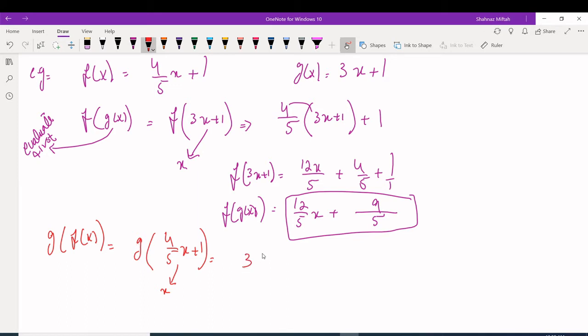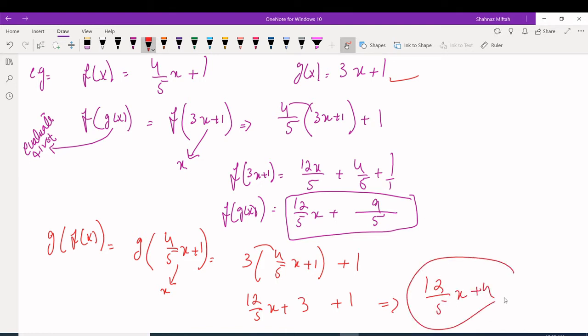So my g function is 3 times x, where x is 4/5 x plus 1, and then plus 1. So again, distribute: 12/5 x plus 3 plus 1, which gives me 12/5 x plus 4, and that's what we get for g of f of x.